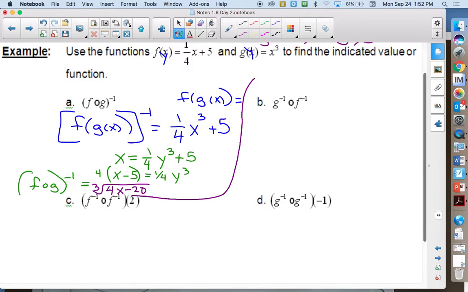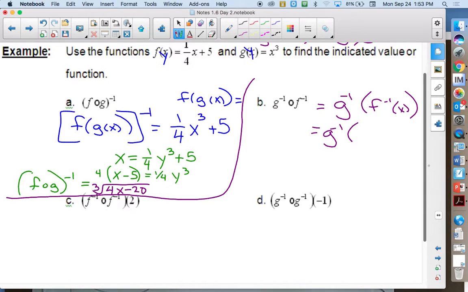So looking at letter B, notice the difference in the notation. There are no parentheses. They're just individually separated. So this is really saying do the inverse of g, the inverse of f, the composite of those. Like the warm-up that we went over, just doing the opposite. This time you're using the inverse functions, not the original functions.